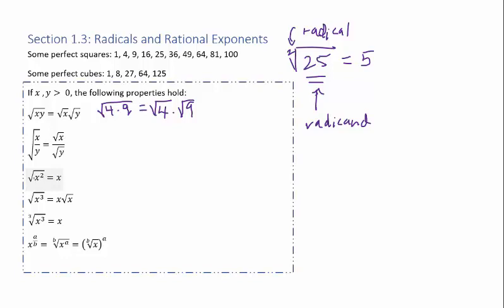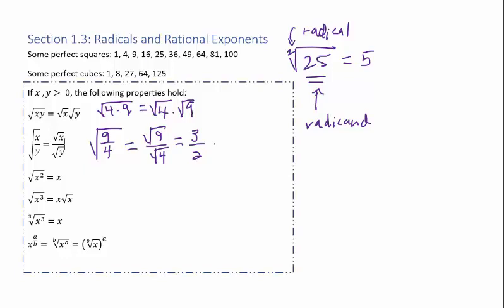The square root of x over y is equal to the square root of x divided by the square root of y. For instance, the square root of 9/4 can be broken up into the square root of 9 over the square root of 4, or 3/2.